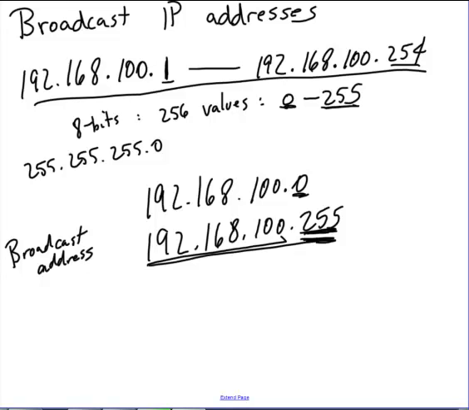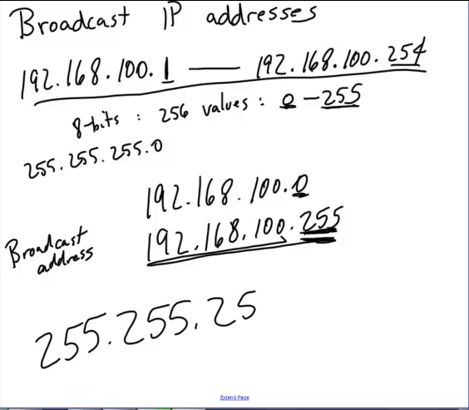For the rest of this time, we're going to deal with the more general broadcast address, 255.255.255.255. If you're looking at this in binary, this is 32 ones. And this is a special reserved address that is also itself a broadcast address.